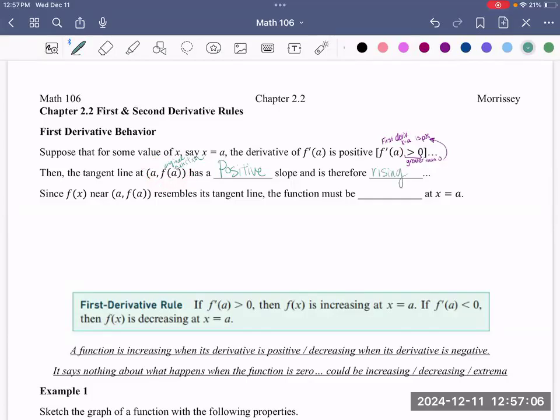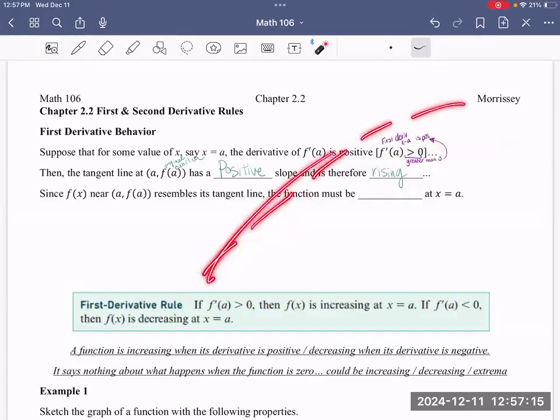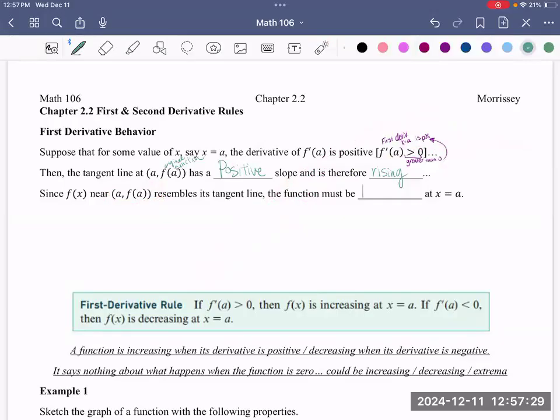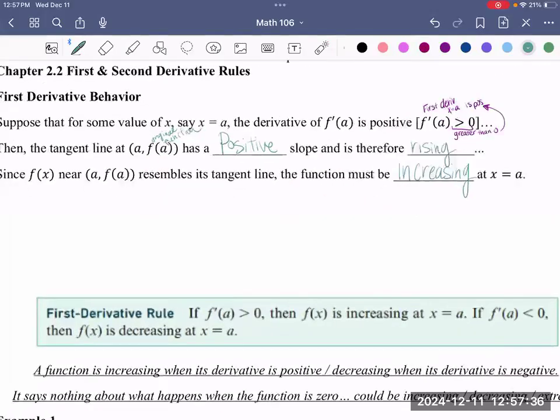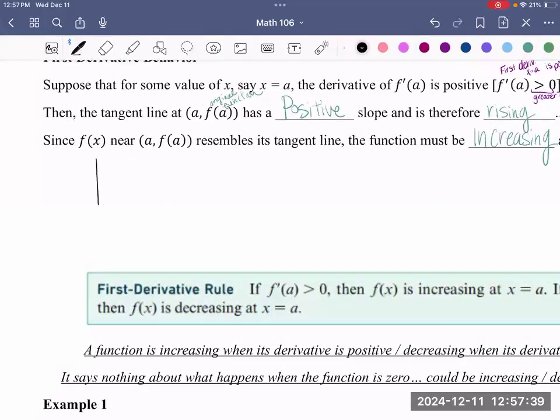As we've done in the previous lecture, notice how we were drawing those black lines. If it's a positive slope, our graph is rising. Since f of x near that point resembles its tangent line, the function must be increasing at a.